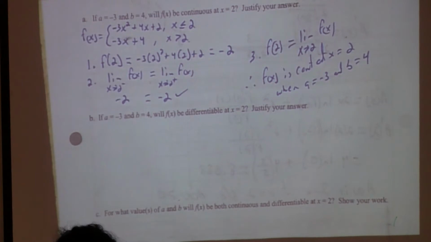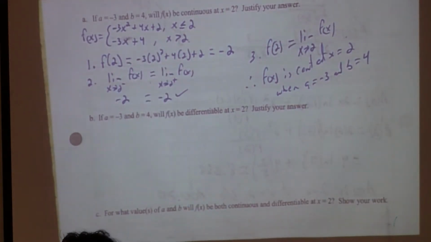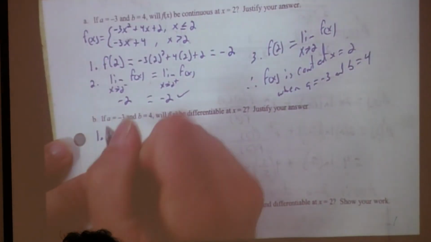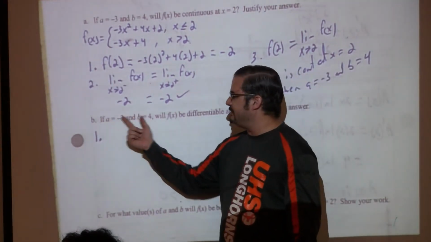B wants to know if A is -3 and B is 4, so we're still working with this equation. Will f be differentiable at 2? Remember, for something to be differentiable, it must first be continuous. Is it continuous when these are these numbers? Yes.